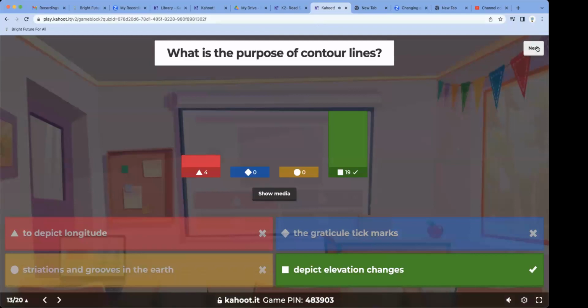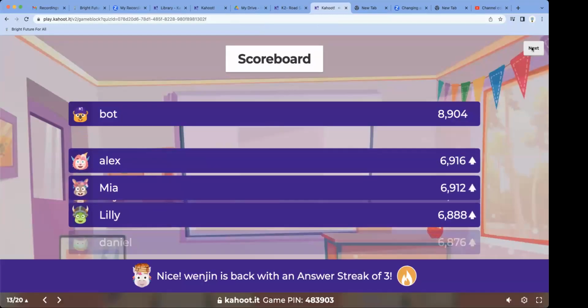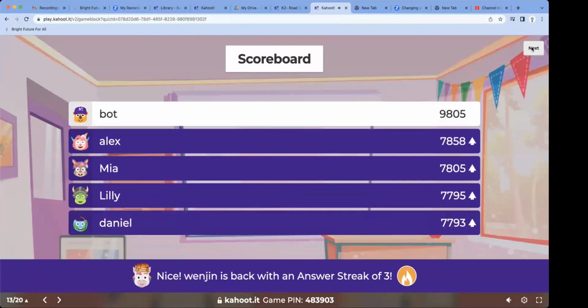The picture kind of makes it obvious. Yeah, it just depicts elevation changes. Next one you can skip.